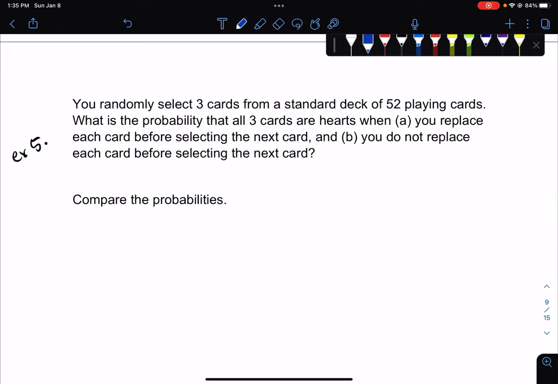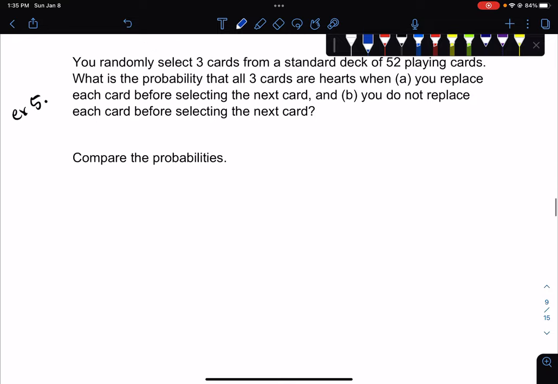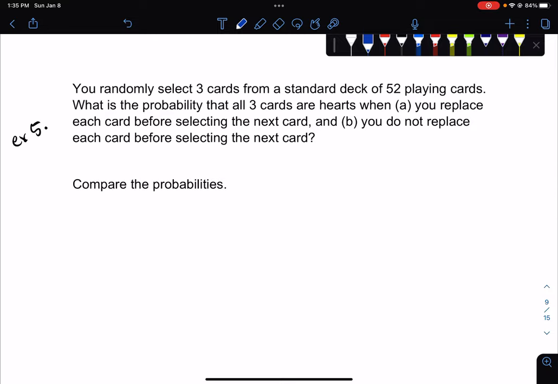You randomly select 3 cards from a standard deck of 52. What's the probability that all 3 cards are hearts when you replace each card and when you do not replace each card? Okay, so for those of you that don't know cards, 52 cards, there are 13 of each suit.